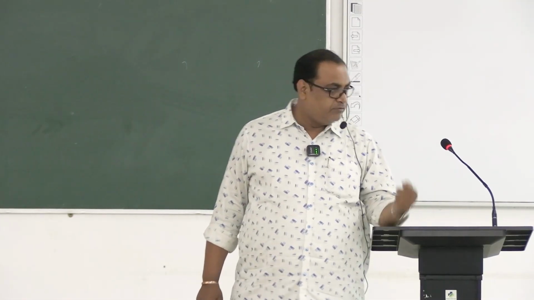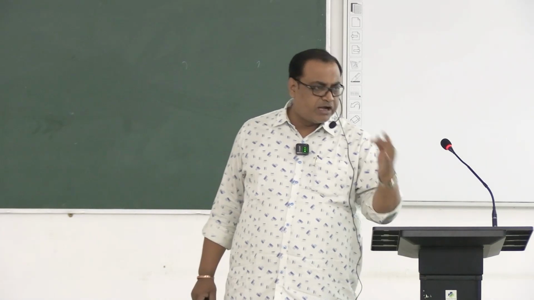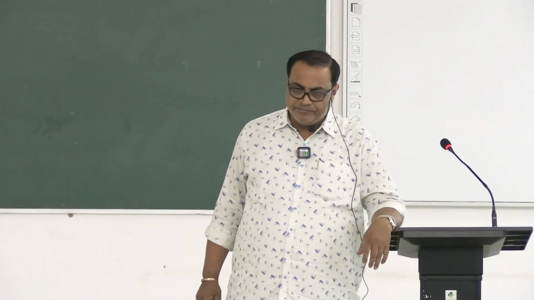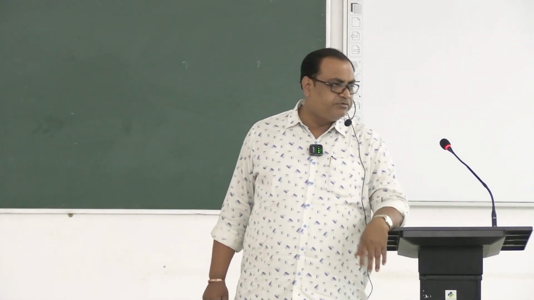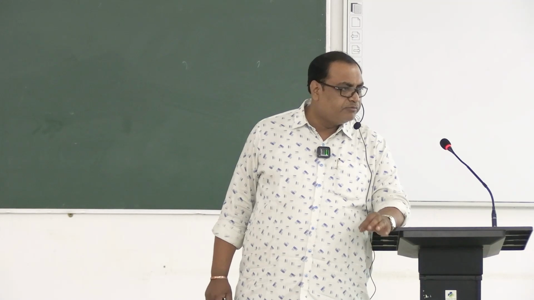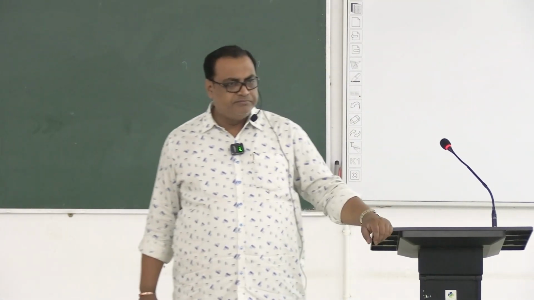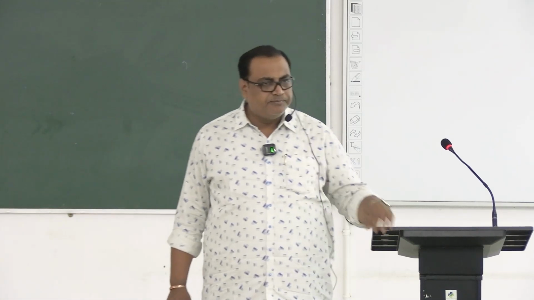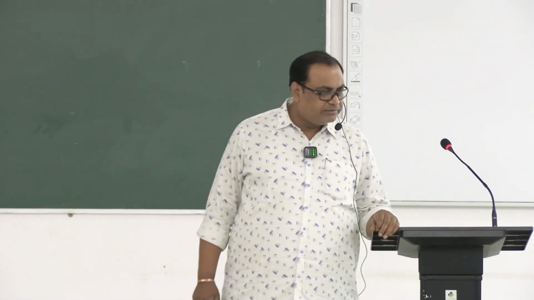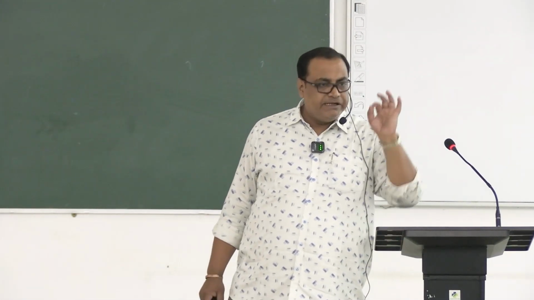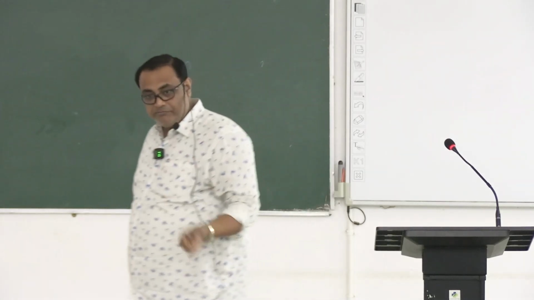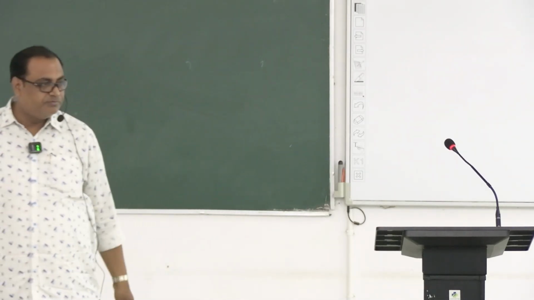So in 1,25, the positions are 1, 3, 25. In 24,25 dihydroxycholecalciferol, the positions are 3, 24, 25, but both are calcitriol. Correct? Now this D3, this is also called D3. Why? This has 3 hydroxyl groups.